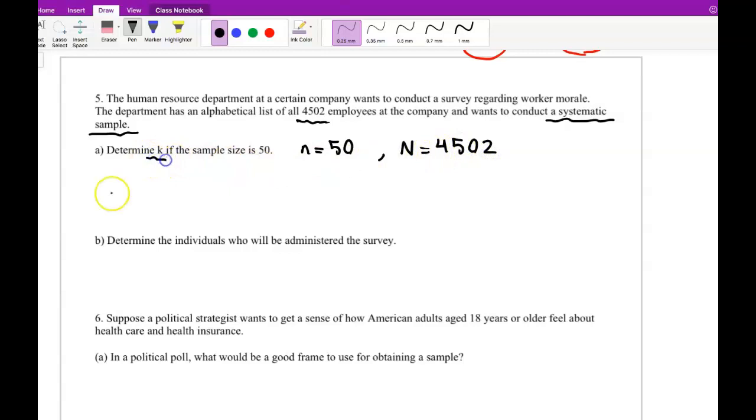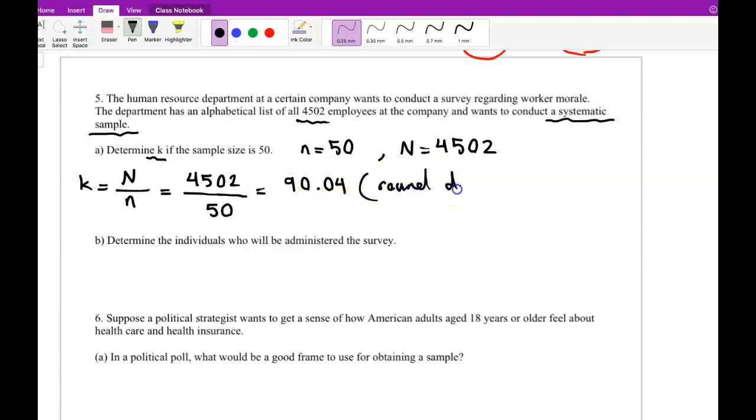Now, find K. K is the population size divided by the sample size: 4,502 divided by 50. That is 90.04. Rounding down, it's 90.